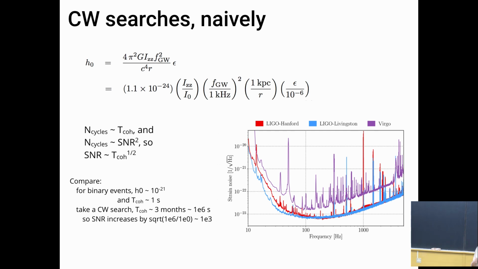Yeah, so with all of this said, there are lots of sources of noise in the LIGO detectors and in the gravitational wave detectors, and there are a lot of people working really hard on trying to decrease the noise sources. But at the end, that's what we have. We have this noise, we have the sensitivity curve. You can think of the sensitivity sort of as your uncertainty on your measurement. If you have a really loud signal, like a compact binary coalescence, that's 10 to the negative 21, and your uncertainty is 10 to the negative 23, you can still be pretty sure that you've got something above zero.